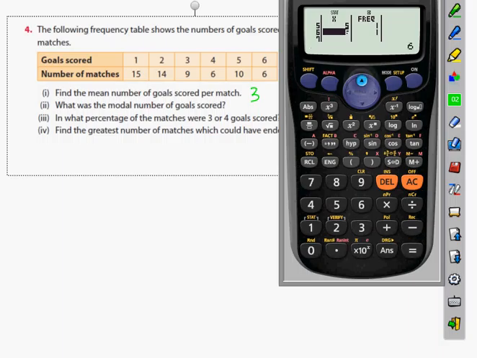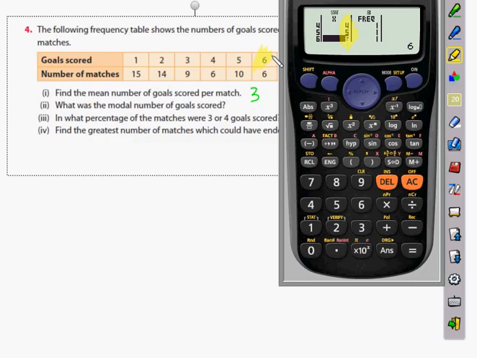Press the number and then press equals, in the X category. Everybody got that? Up to the number 6, because you have 6 goals in total.